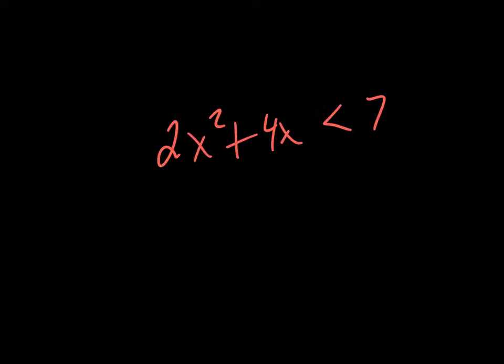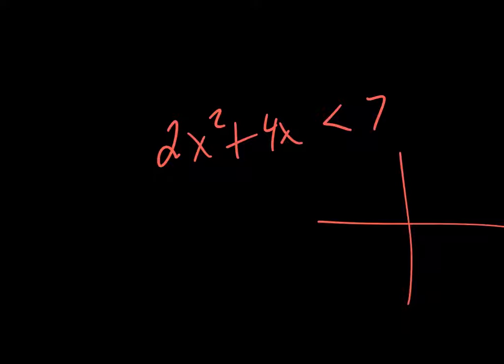And hint, you're going to be solving it after you subtract 7 from both sides, because you don't want to do these until it's equal to 0. And then when you're done with that, you're going to generally know that the parabola kind of looks like this. And then hopefully you'll understand what the less than even means.